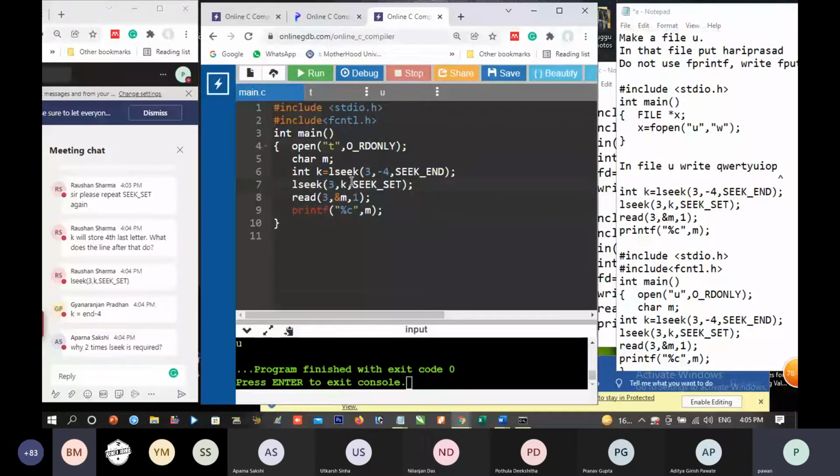First time LSEEK is required to get the value of the location of the fourth last letter. And second time it is required to move the file pointer. Because you see, when negative numbers are given in LSEEK, the file pointer is not changed. What is your doubt?